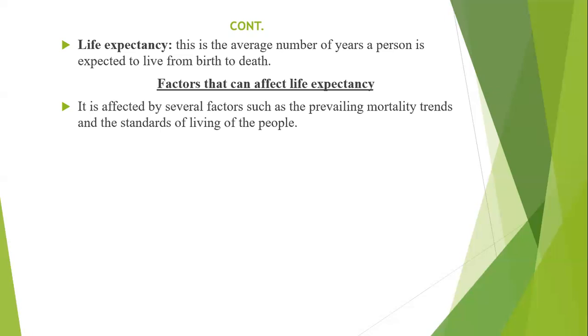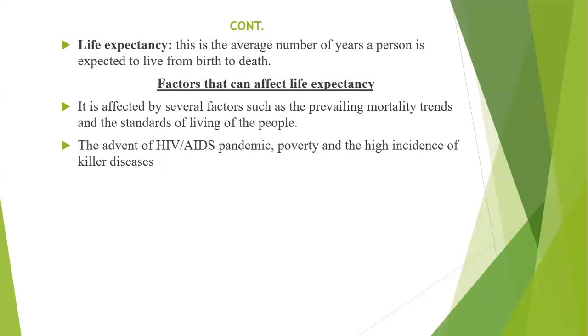Life expectancy is affected by several factors, such as the prevailing mortality trends and standards of living of the people. Standards of living, very, very important. So if people have good standards of living, their life expectancy is longer. Now, the advent of the HIV and AIDS pandemic, poverty and high incidence of killer diseases.